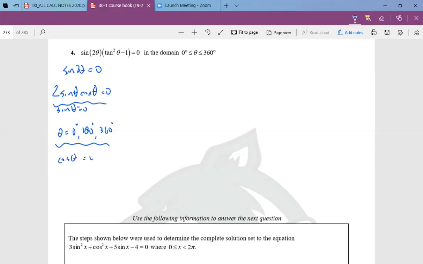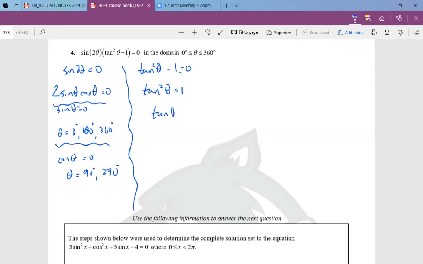Here's cos theta equal to 0. Cos theta equals 0 happens at 90 degrees, 270 degrees. Second half of this is tan squared theta minus 1 equals 0. And tan squared theta is equal to positive 1. Square root both sides.